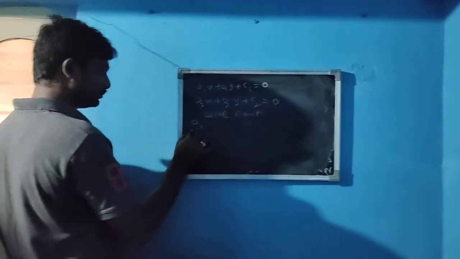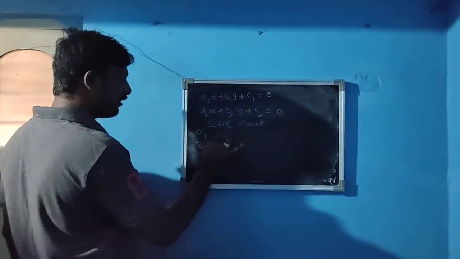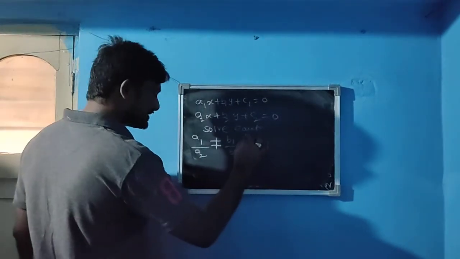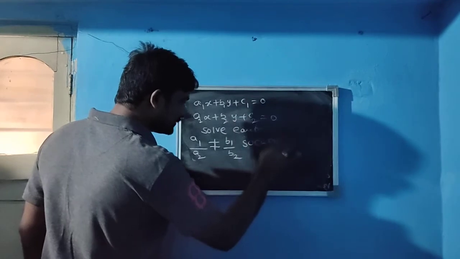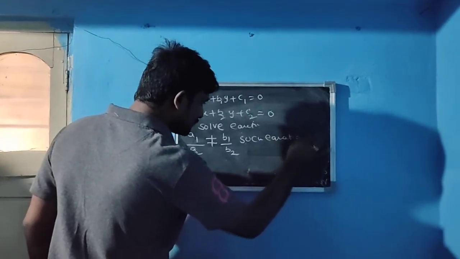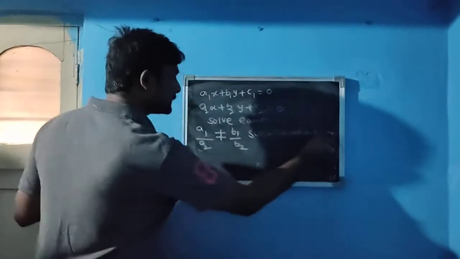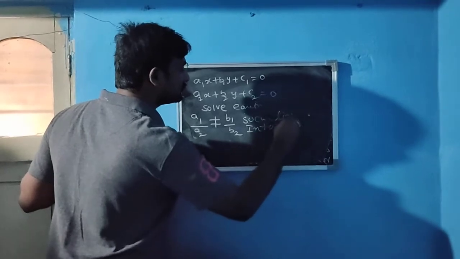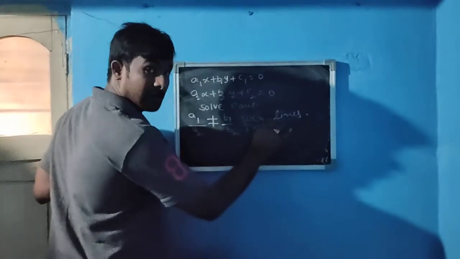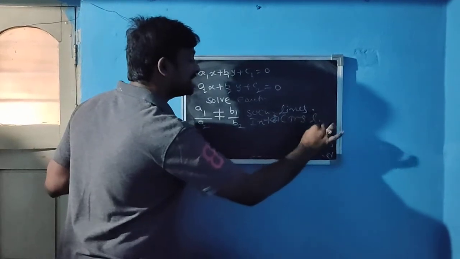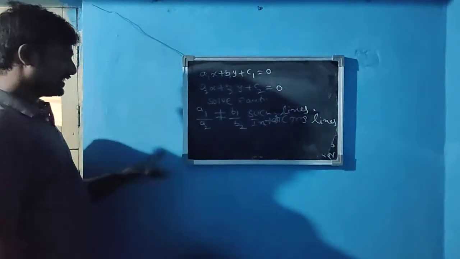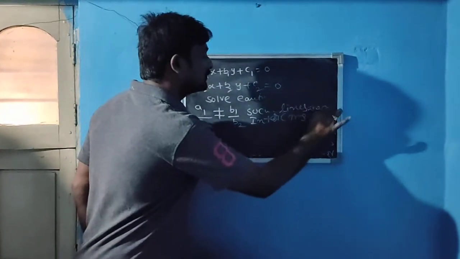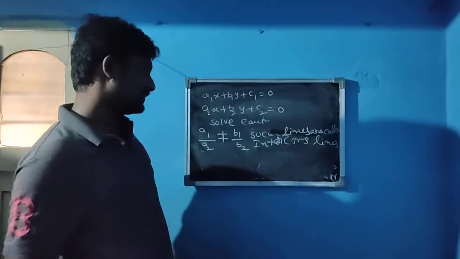If a1 by a2 is not equal to b1 by b2, such lines are called intersecting lines.